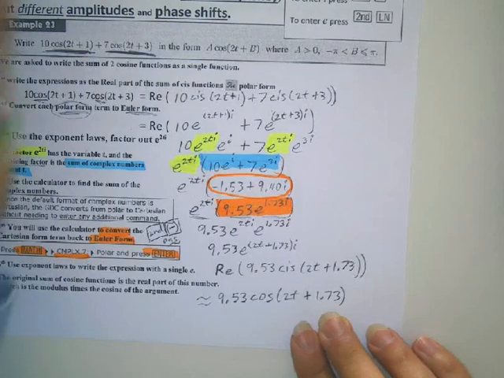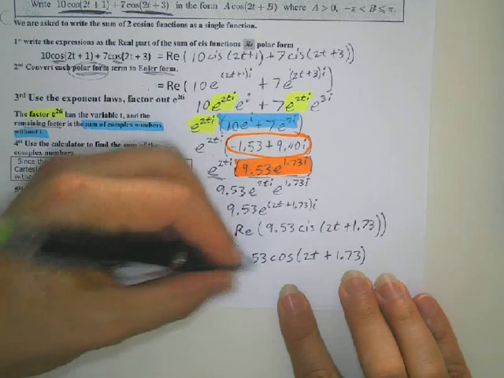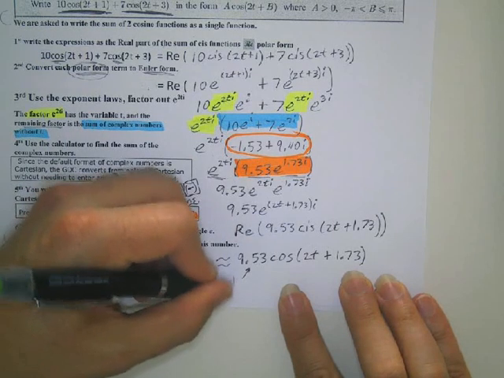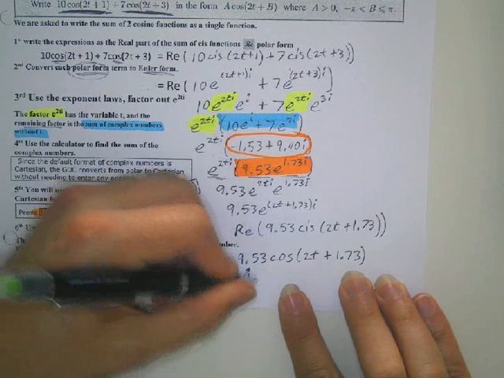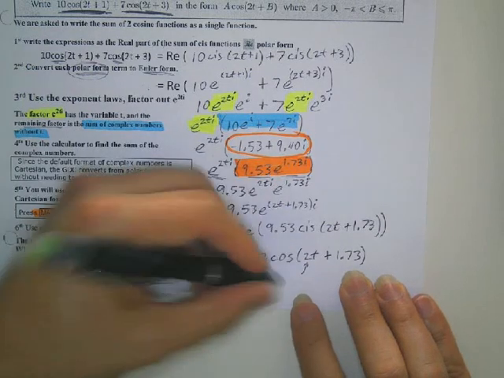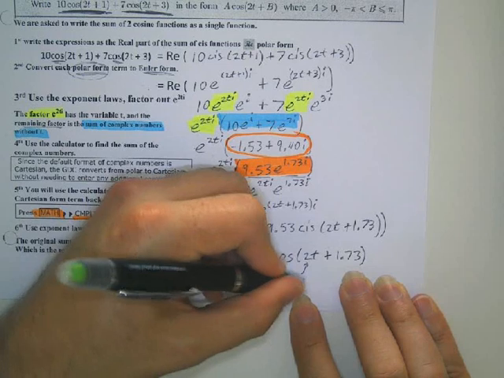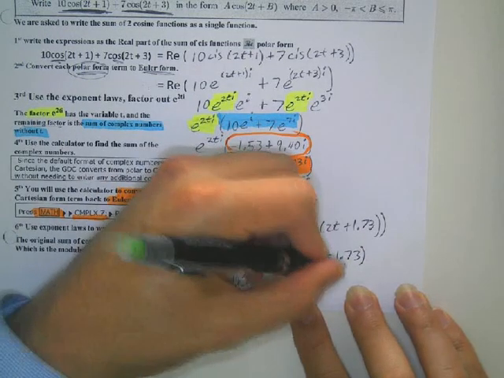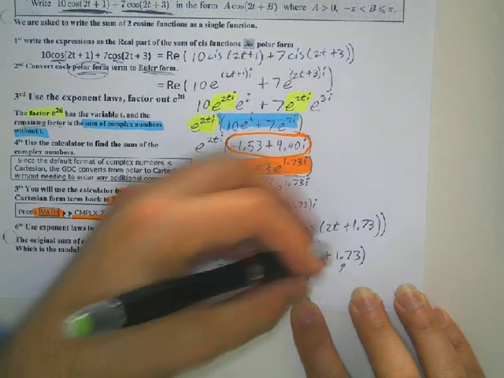So our amplitude is 9.53. This is our period, 2t, and this is our phase shift.